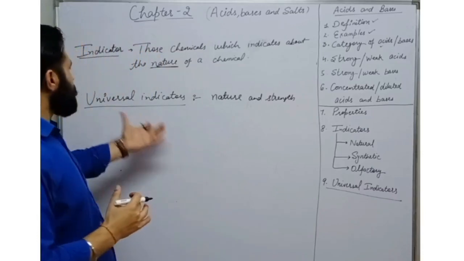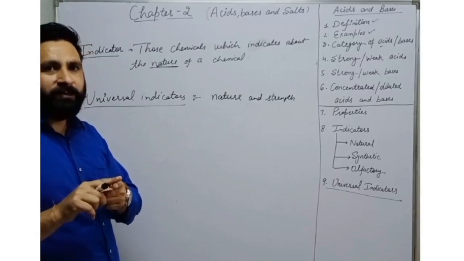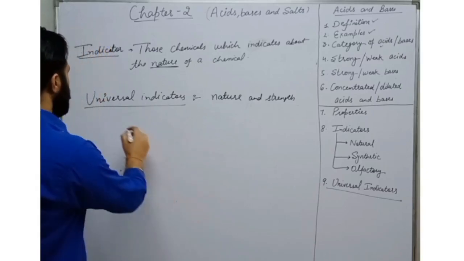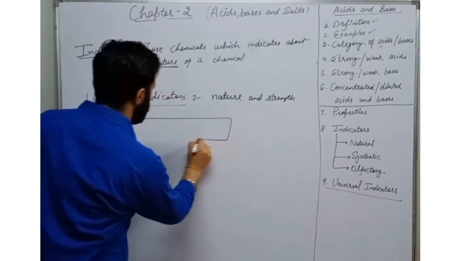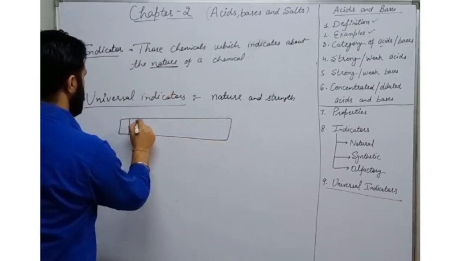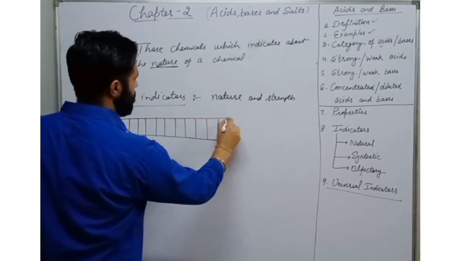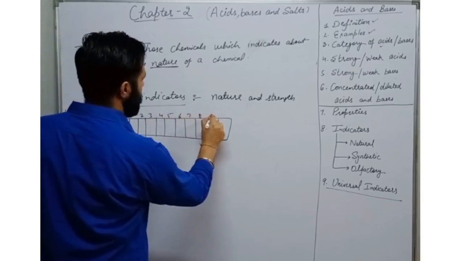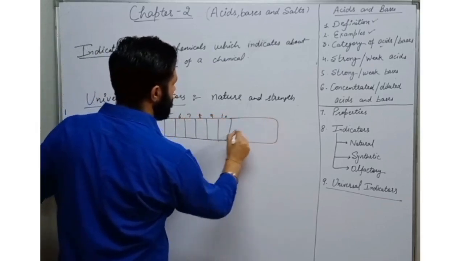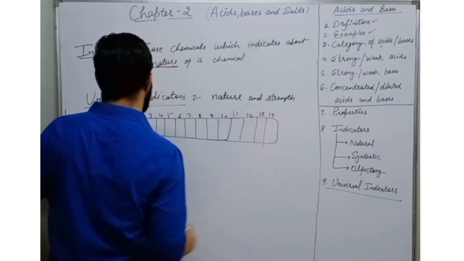So for universal indicator, a scale is there, which is a universal scale. In that scale, 14 blocks are there. 0, 1, 2, 3, 4, 5, 6, 7, 8, 9, 10, 11, 12, 13, 14.